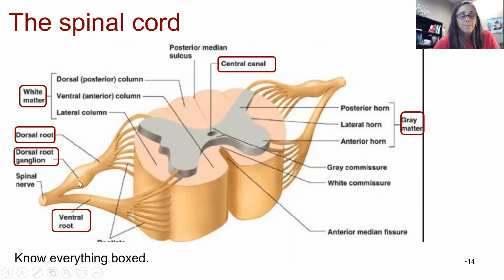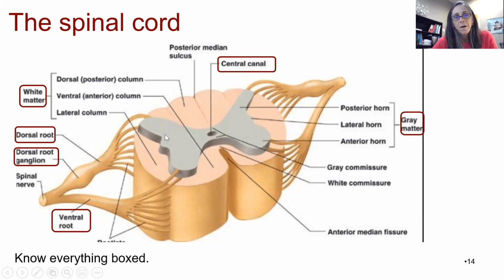You have here a nugget where they converge. Many of them converge, and it's called a ganglion. So dorsal root ganglion, because it's on the dorsal side, and then you have the dorsal root going into the dorsal horn, and here you have gray matter, as I said. The posterior horn is the dorsal horn, from the dorsal root.